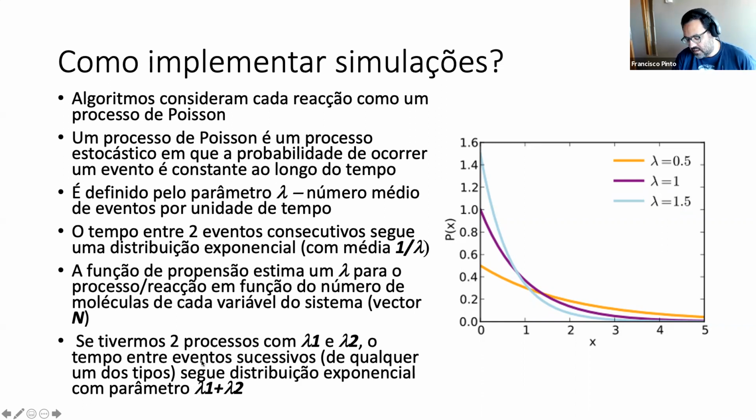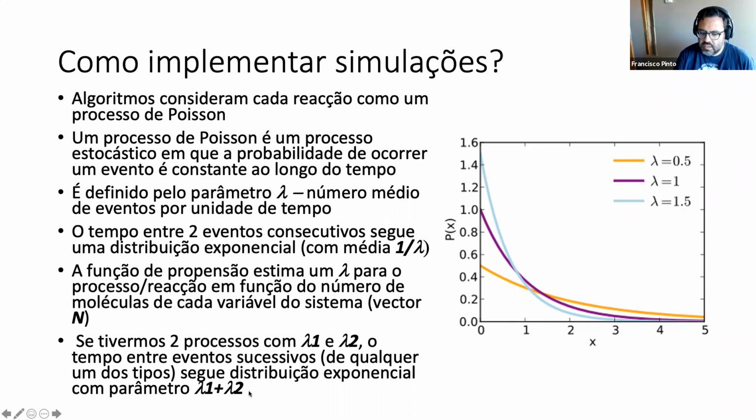And in the time scale, you can also have an exponential distribution describing those processes, giving you the time between two consecutive events, either A followed by another A, or A followed by a B, or B followed by another A or a B. The distribution of times between two consecutive events will follow an exponential distribution with the parameter lambda 1 plus lambda 2.